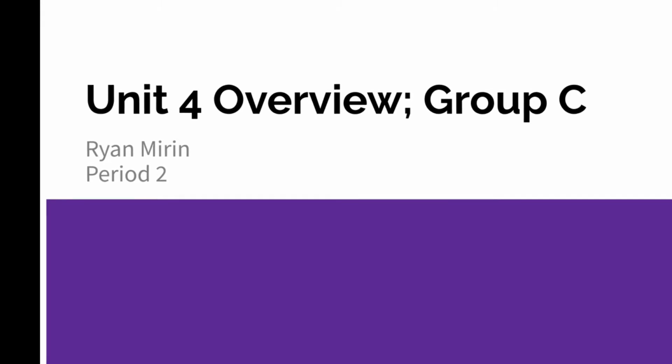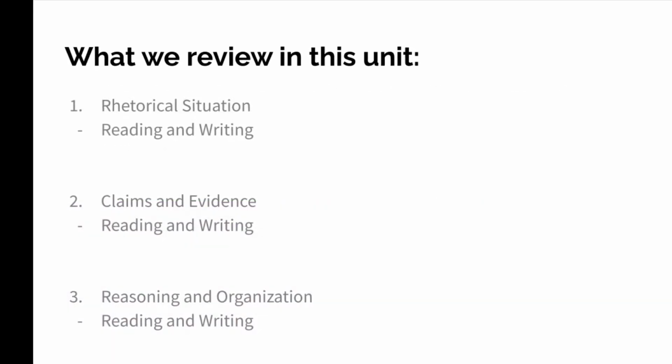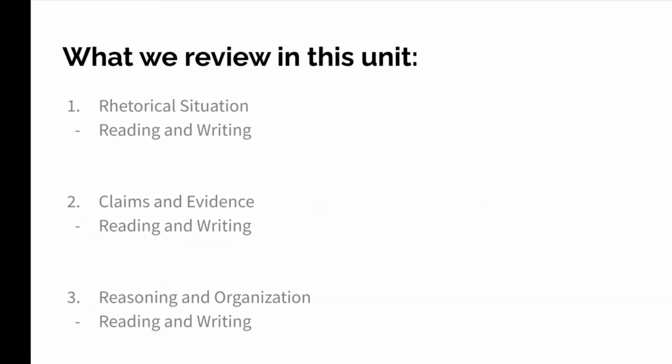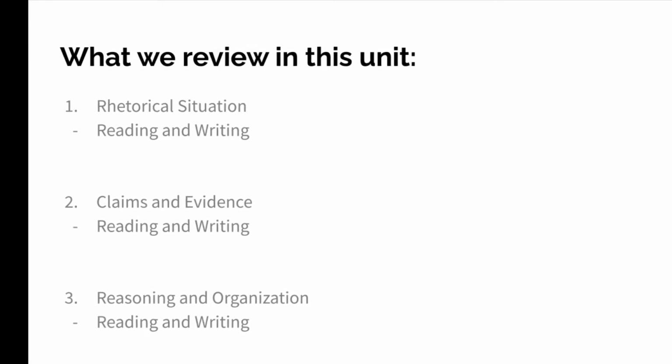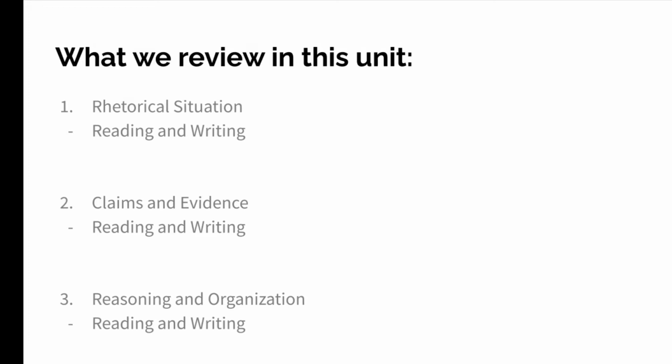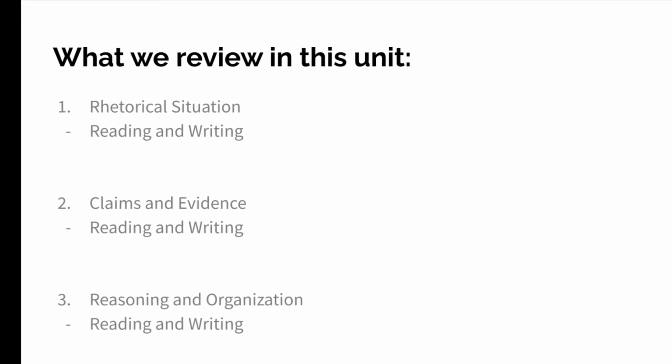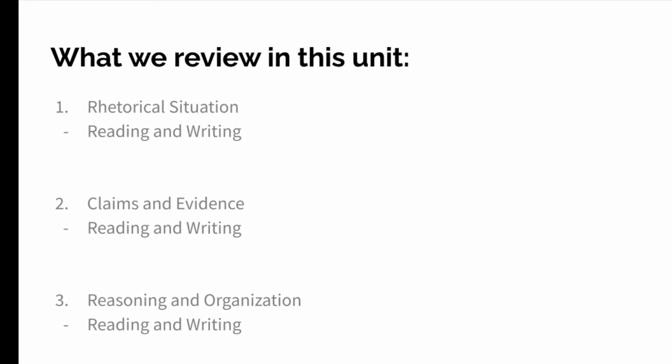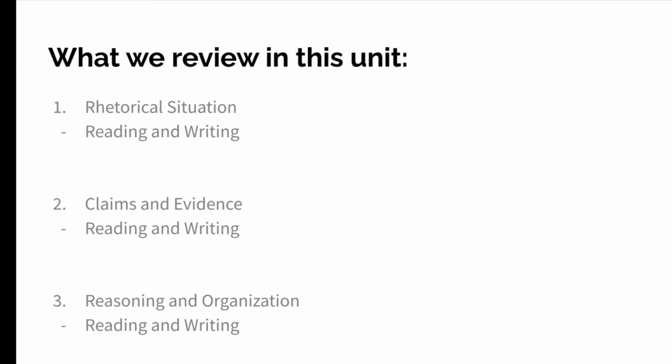So to start off, what we're going to be reviewing in this unit is the rhetorical situation, reading and writing, claims and evidence, reading and writing, and the reasoning and organization, reading and writing. Now we'll be going through all of these and basically reviewing everything we saw in the Unit 4 videos.